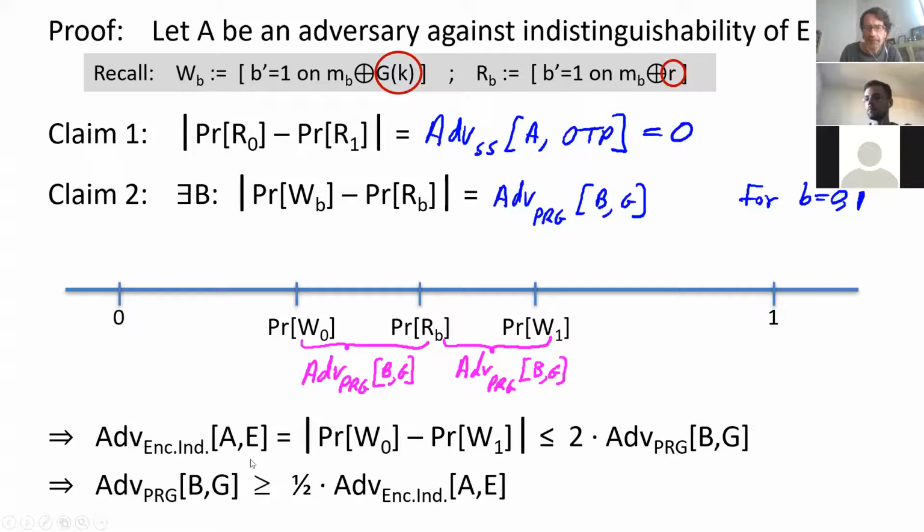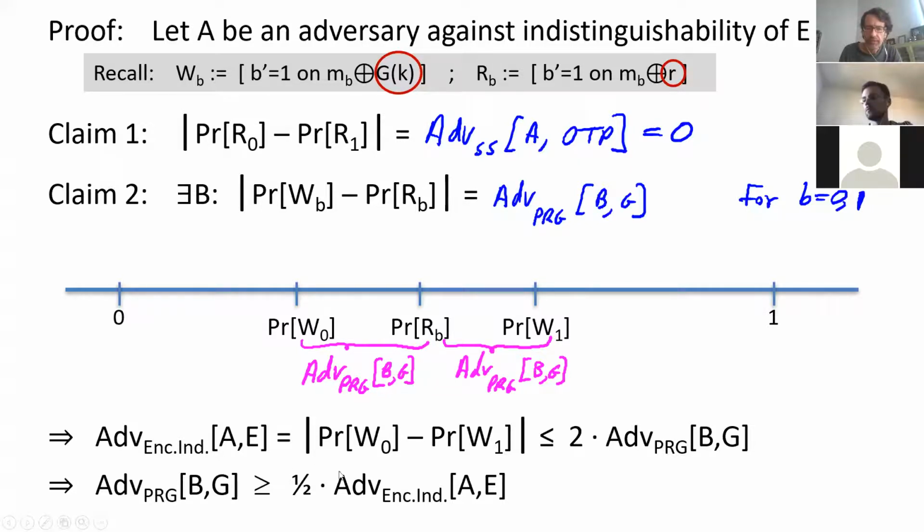Okay, and now I just flipped it. So the advantage of A against encryption is upper bounded by twice the advantage of B against the PRG. So let's flip this in this fashion, right? Put 2 as 1/2 on this side.